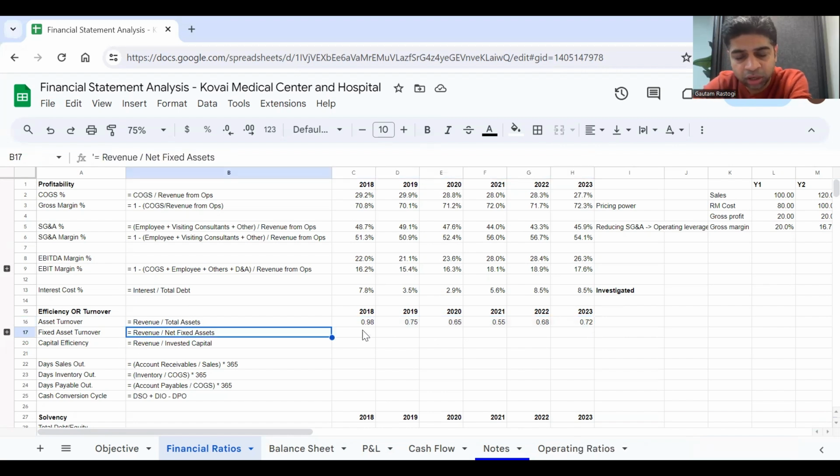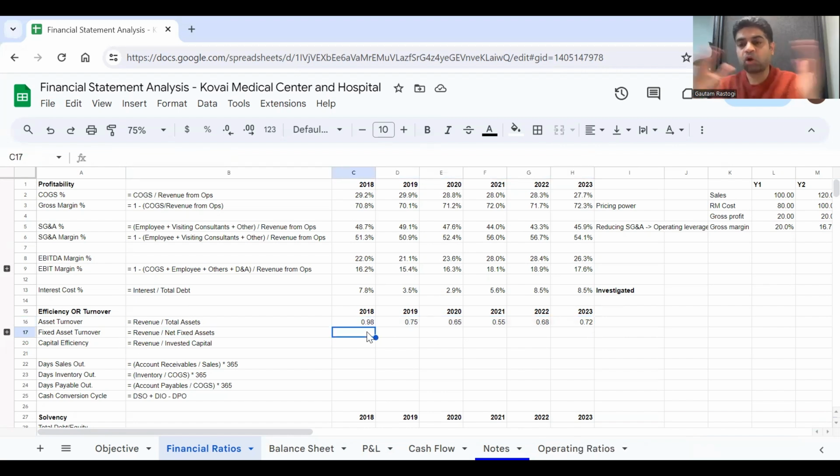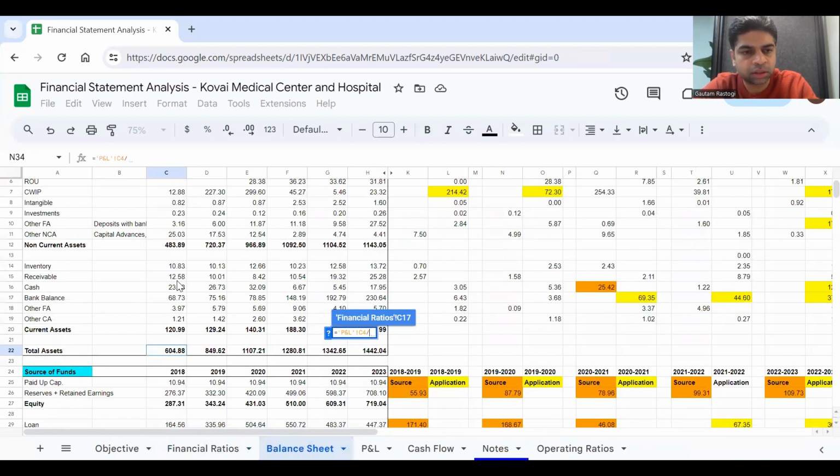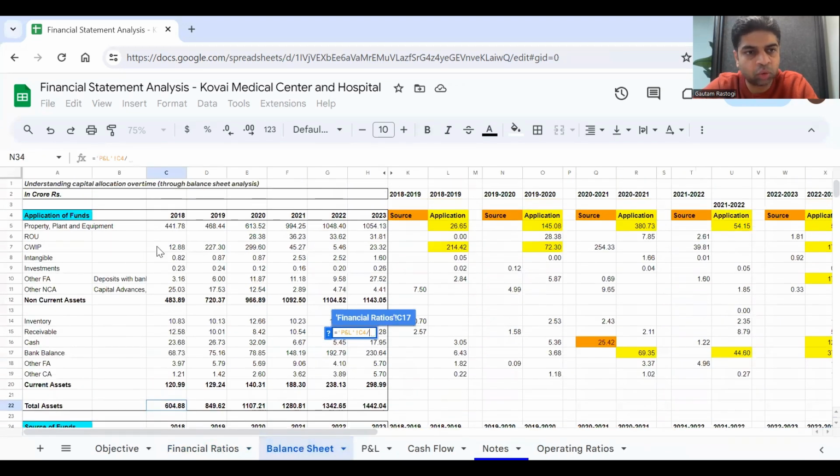And fixed asset turnover, if you talk not about the overall assets, but just their fixed assets. Let's take a look at revenue. Since we're talking about just the fixed assets, I want to focus on the operational revenue, so that's what I take in the numerator. In the denominator, I will take the fixed assets alone.